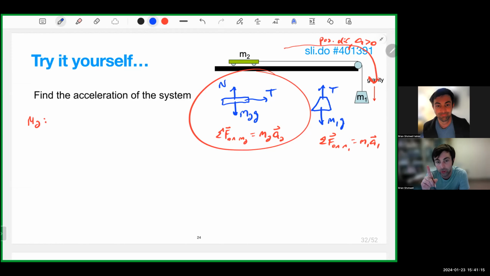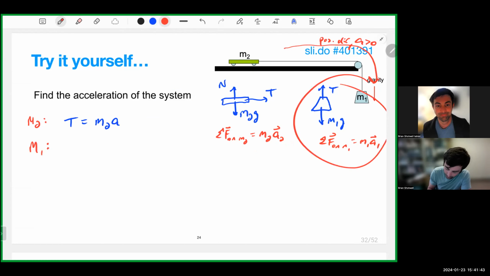So if we wanted to solve for the normal force, that's easy. It's just m2g. But we don't care about that because we're trying to find the acceleration of the system, which for m2 is going to the right. And it looks like the tension is equal to m2 times the acceleration of the system. That acceleration going to the right is the same thing as m1 going down. So if we look at m1 now, let's look at this one.